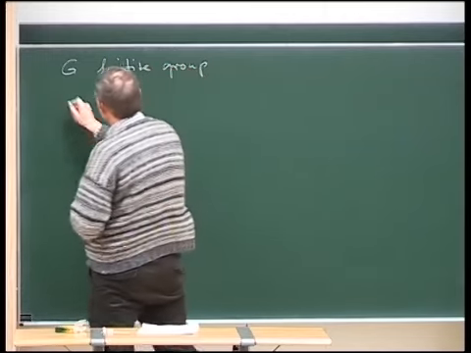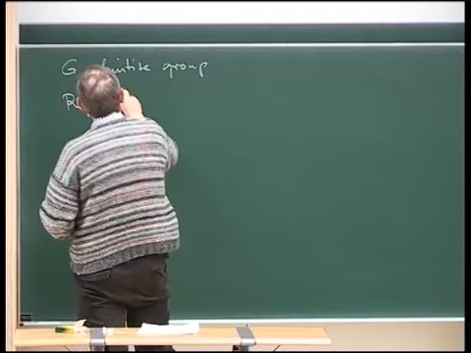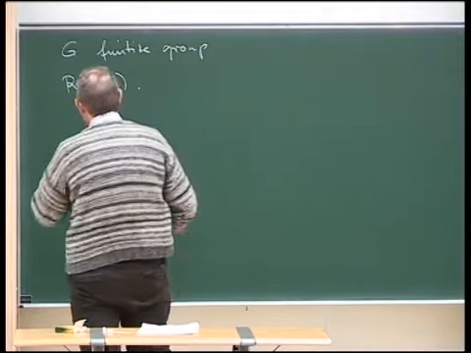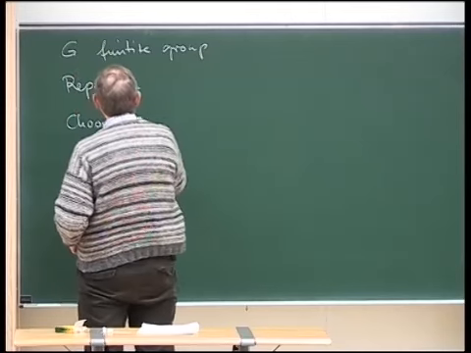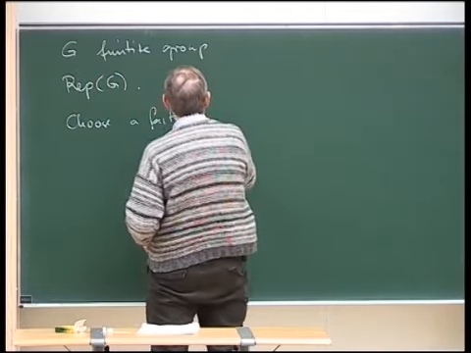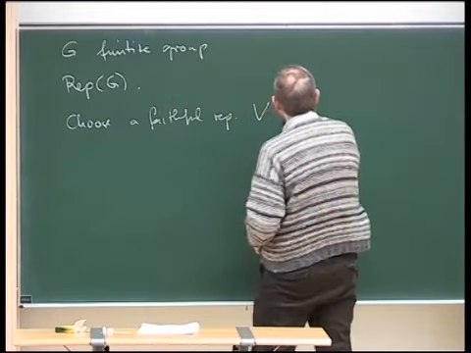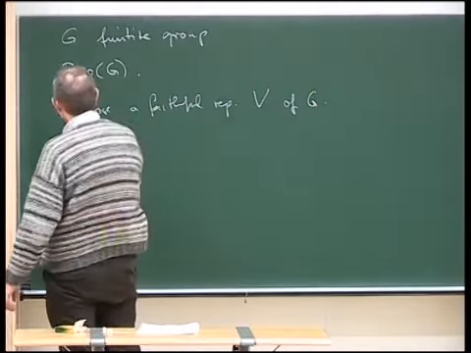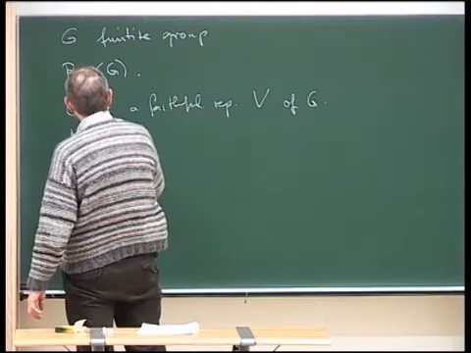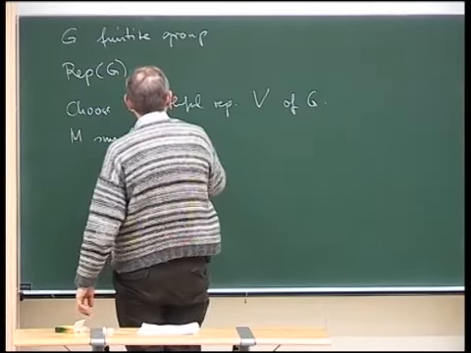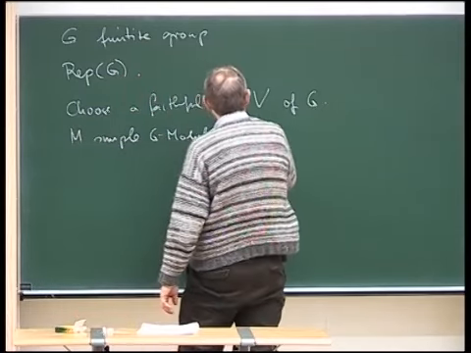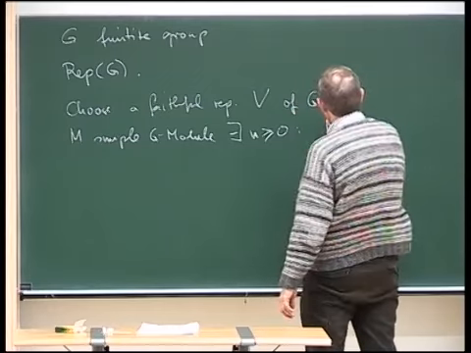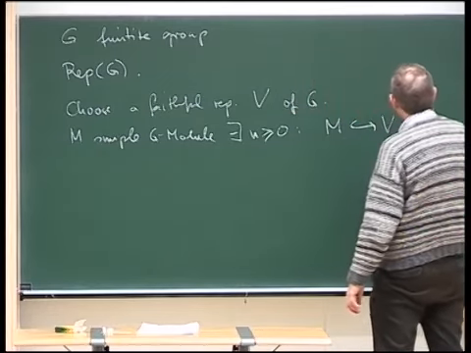And we want to construct the category of finite dimensional representations of G. What you do is choose a faithful representation V of G, and then it's known that if M is a simple G-module, then there exists an n greater or equal 0 such that M is inside some tensor power of V with itself.